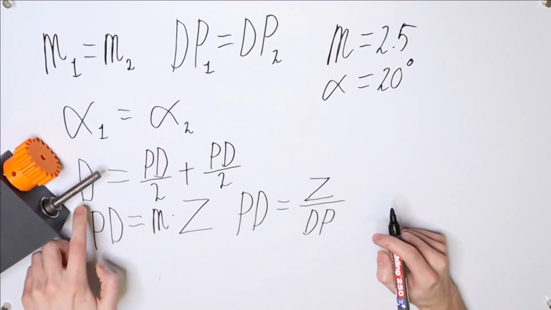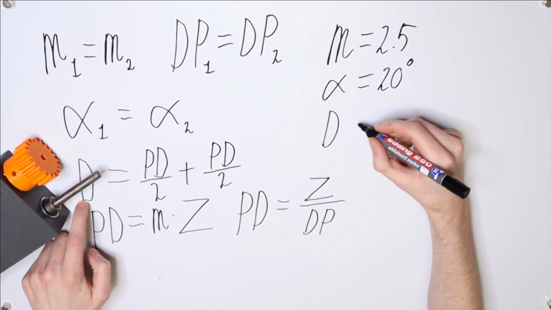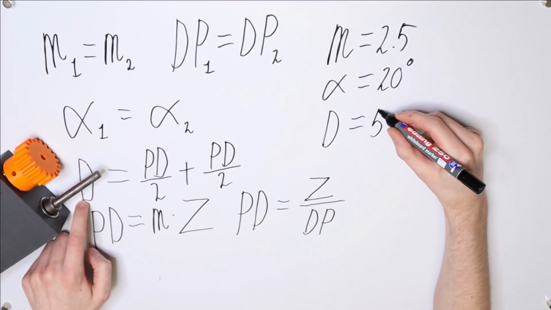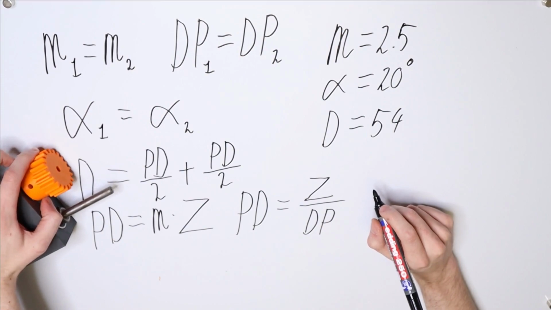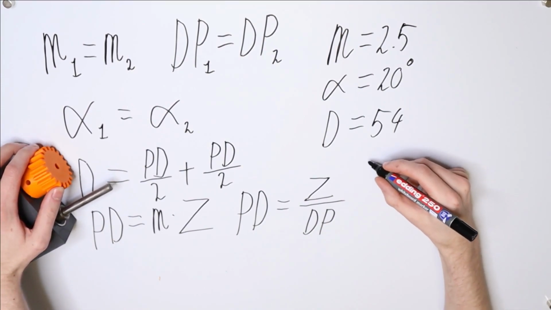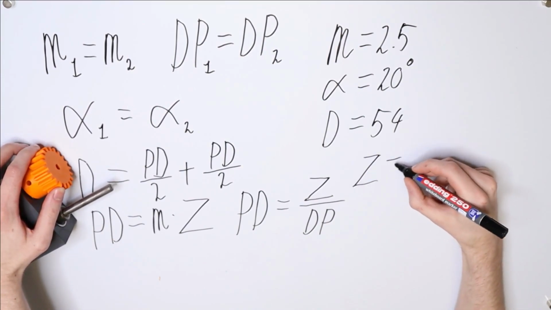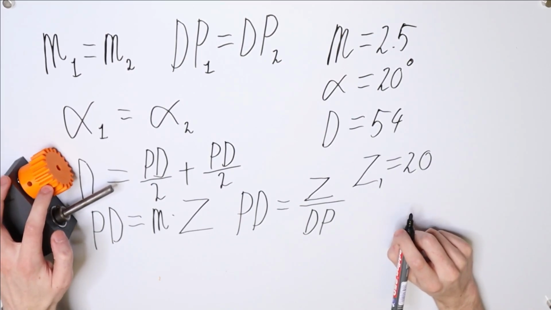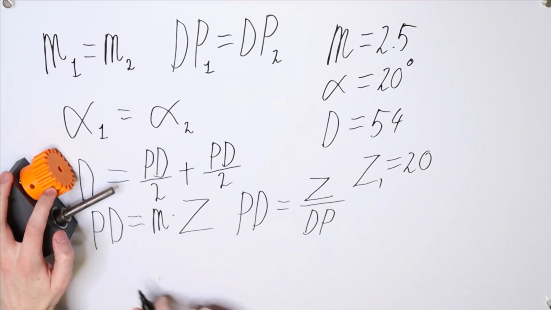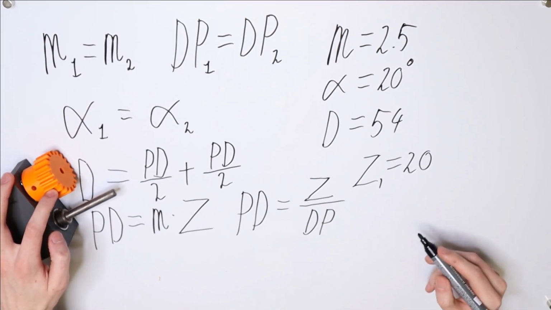Well, the distance between these two shafts is 54 millimeters. And we also know that this gear over here has 20 teeth. And so this gear has a pitch diameter of the module times the number of teeth.